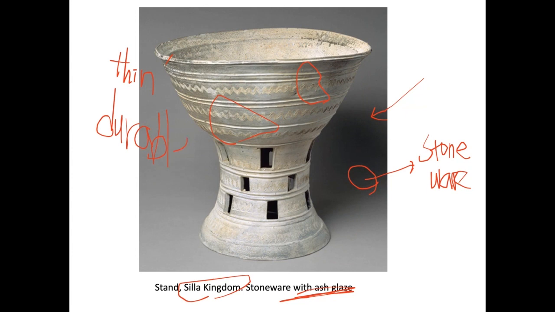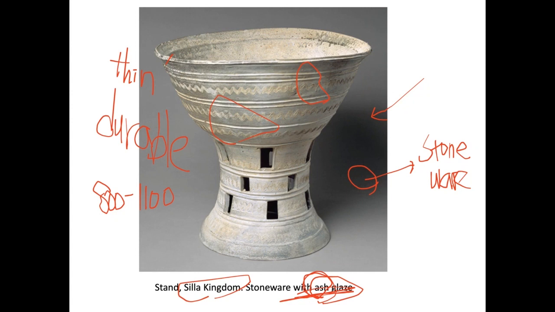And then they were also baked at a high temperature, like close to 800 to 1100 degrees centigrade. So it was baked at a really high temperature. So that's why they were even able to melt those ash coating into the glaze, and they have a little bit of glaze.